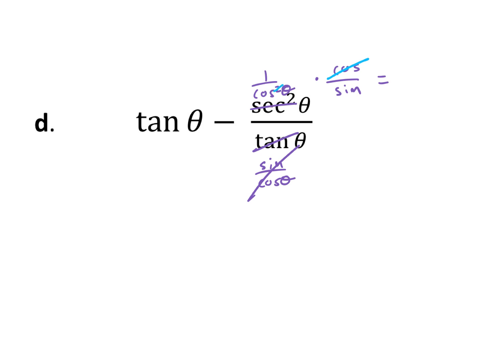Cosine on top just cancels out with one of the cosines on the bottom. So I still have 1 over cosine times sine on the bottom. So this would be tangent minus 1 over cosine times sine. Nope. What else can I do? I can change the other tangent to sine over cosine.